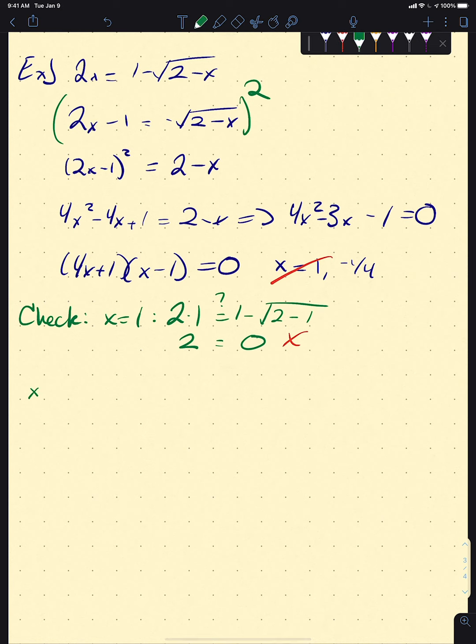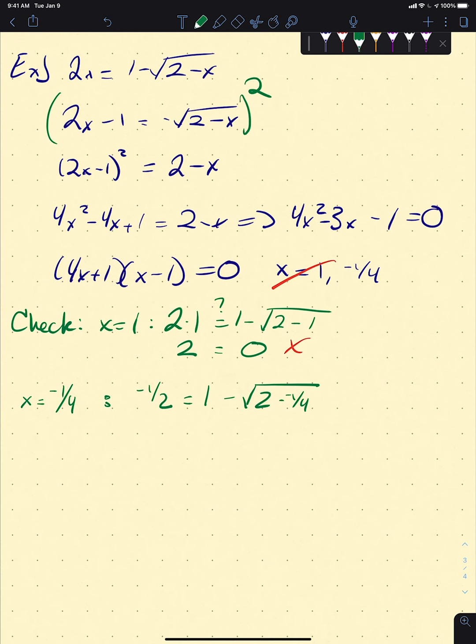Let's check x equals minus a quarter. Looks to me like we have 2 times negative 1/4 is negative 1/2. And that's going to be 1 minus the square root of 2 minus negative a quarter, sorry.